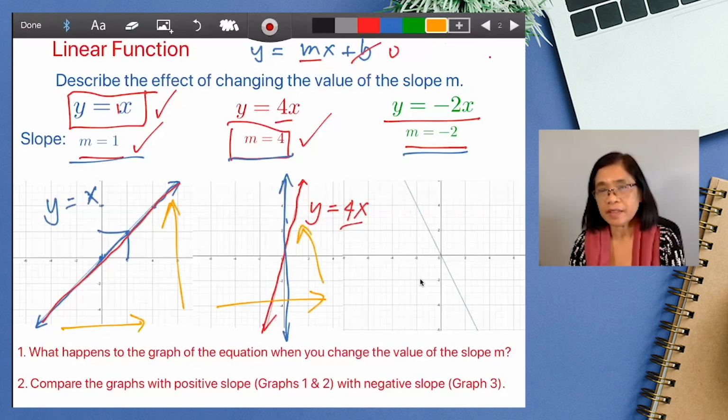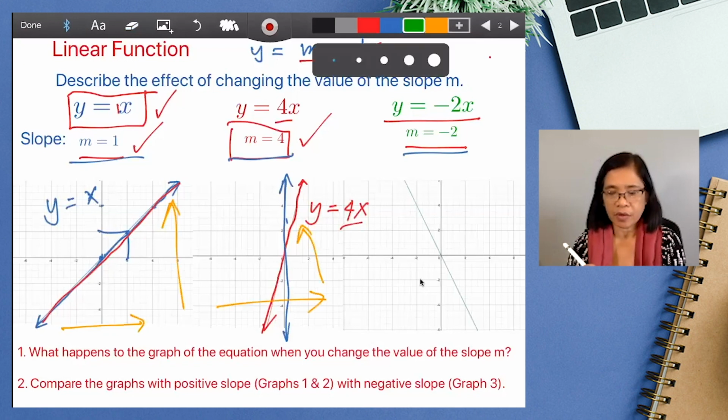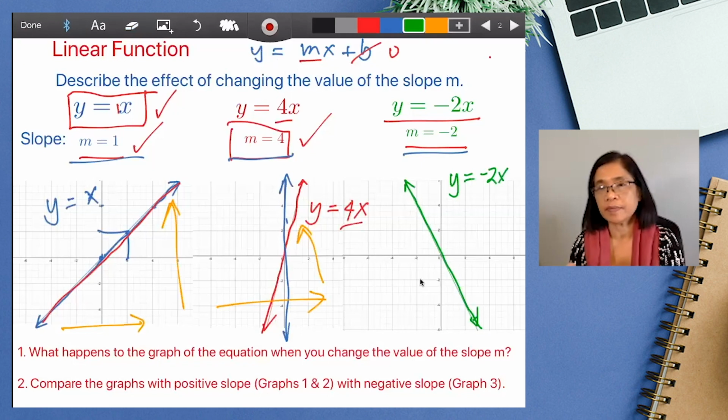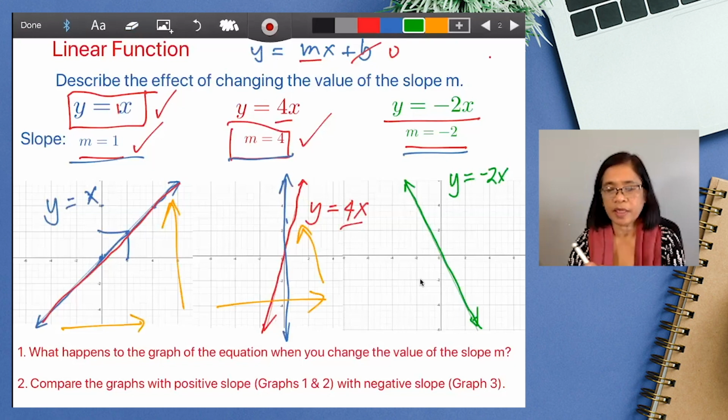But this is not the same case when we have a negative slope. Okay, in this green line, which represents the equation y equals negative 2x, the line is inclined to the left. So if you have a line whose slope is negative, the line is falling.